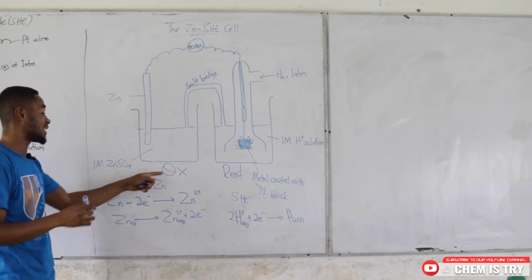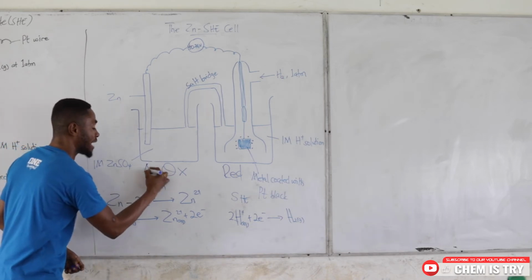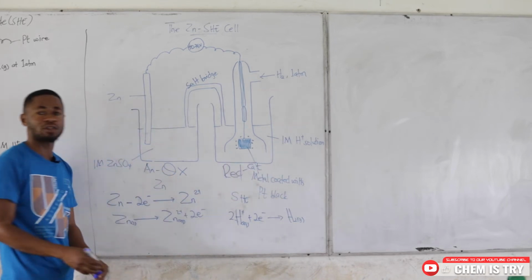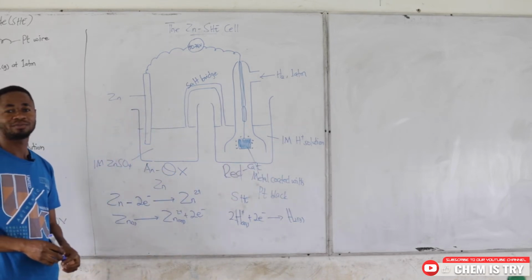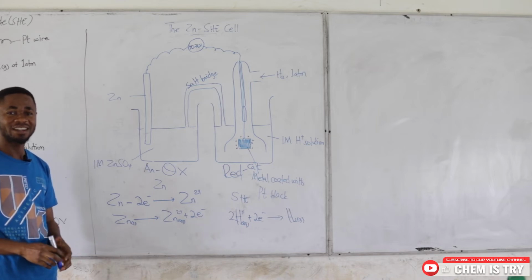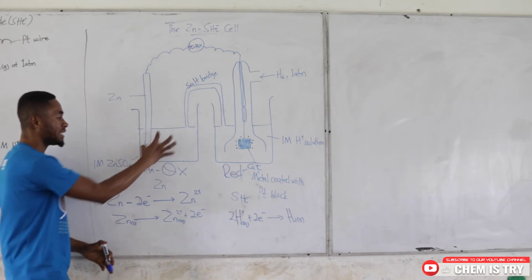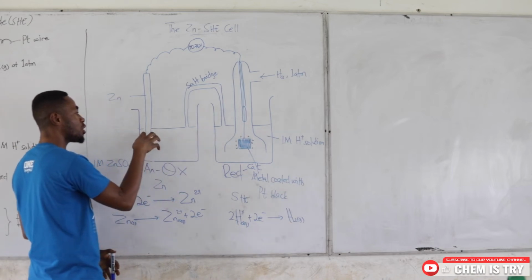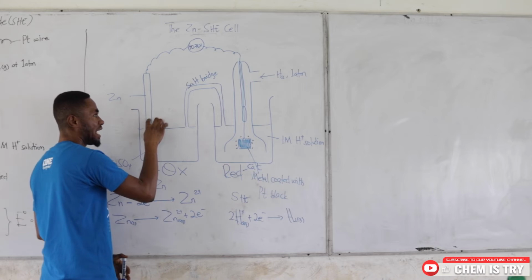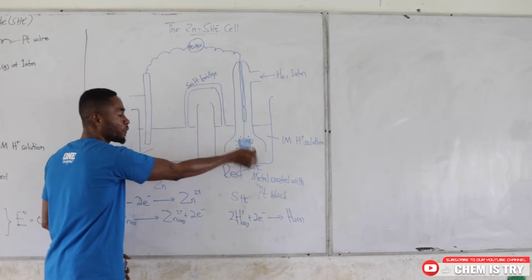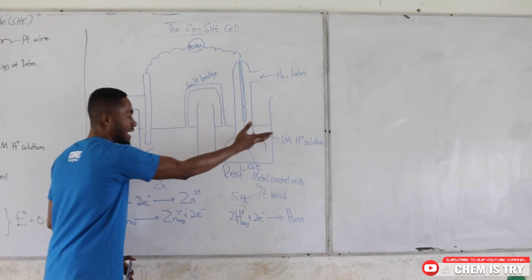That would mean that this one will be the anode, and this one, where reduction occurs, will be our cathode. Can you see it? So we identify this as the anode and this as the cathode, meaning electrons are being lost from the zinc and given to the hydrogen ions in solution to form hydrogen gas.